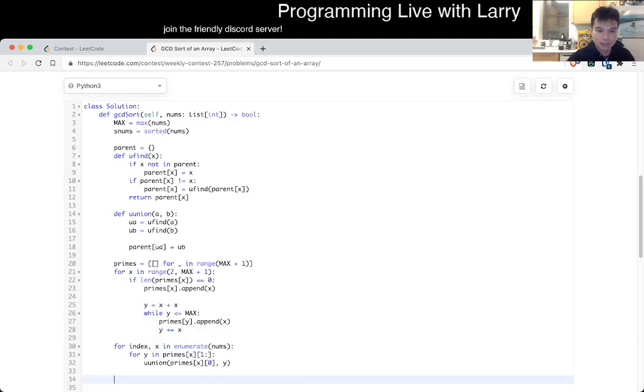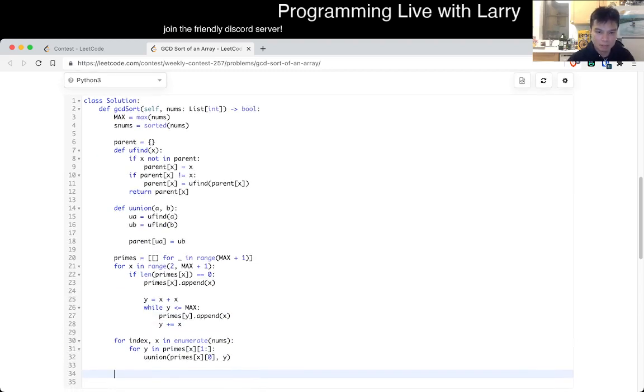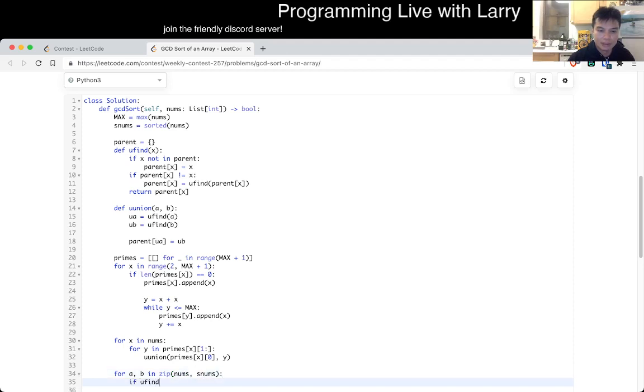All we have to do is, actually, we don't even need the index on here, because this is just to include the unions. And then now we look at for a, b in zip of nums and nums, if union find of a, that's not true.